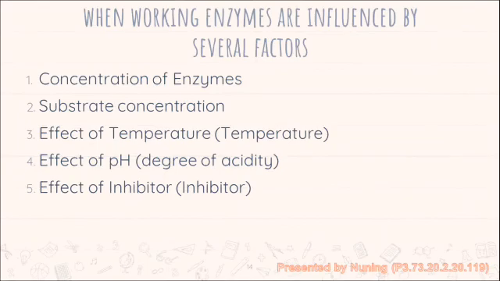Enzymes can work optimally at a certain pH. For example, the lipase enzyme has an optimal pH of 5.7 to 7.5. Fifth, effect of inhibitor. Inhibitors are chemicals that inhibit enzyme activity, for example, salts of heavy metals such as mercury.